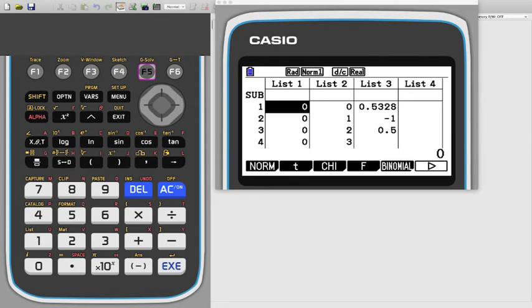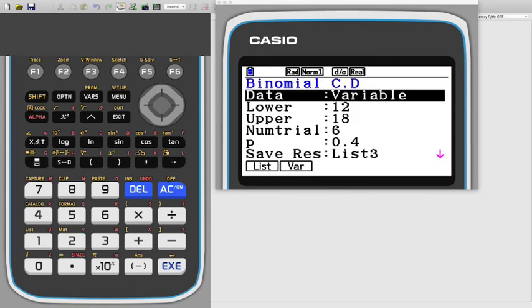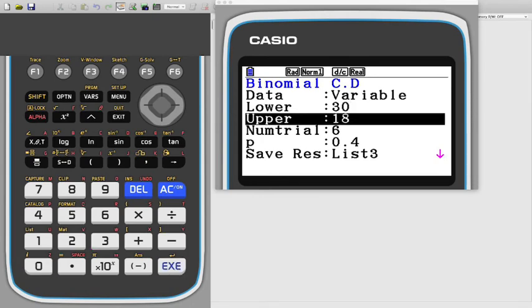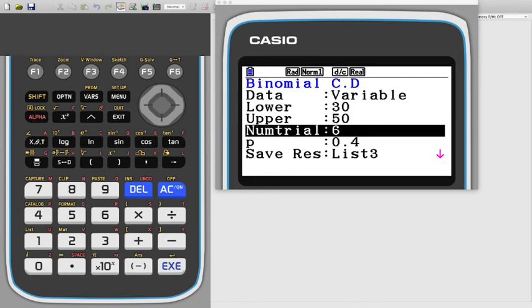We'll go for the binomial, and here the lower value of a binomial distribution would be 0, but actually what we need to put in is the lower value, so that will be 30. So let's just delete that, 30. And as we're considering 50 values, we'll go up to 50. The number of trials is 50.